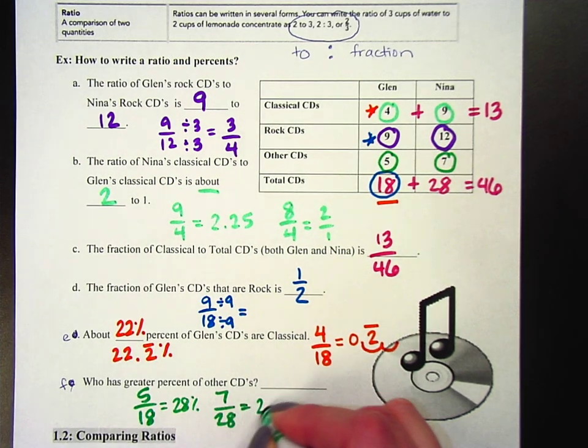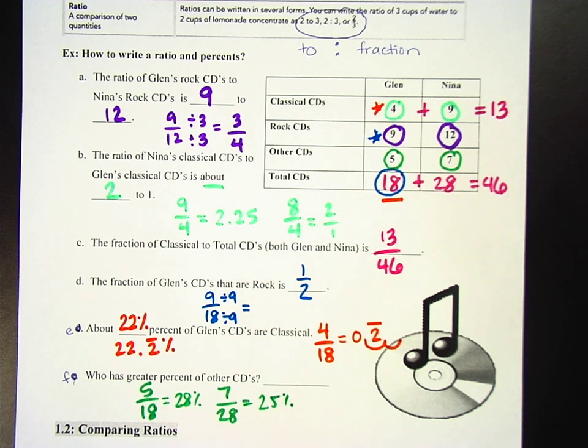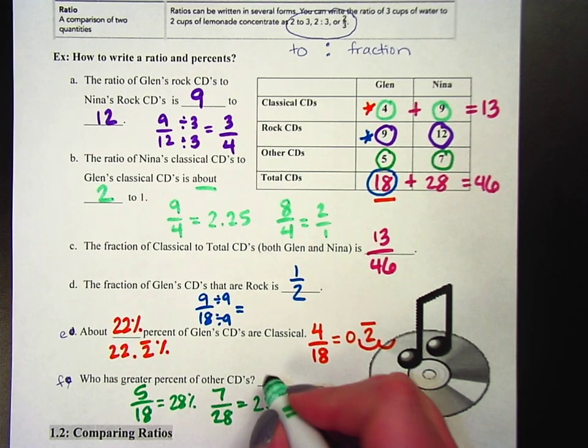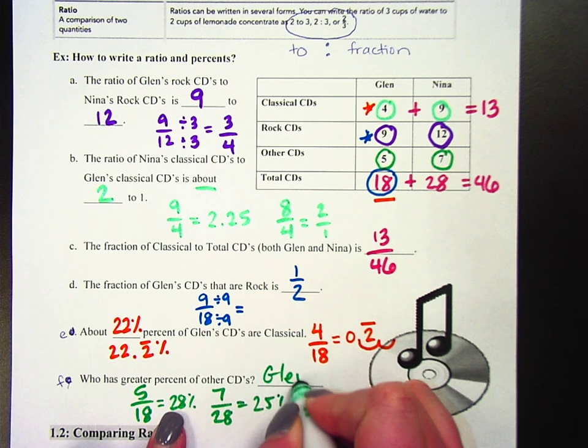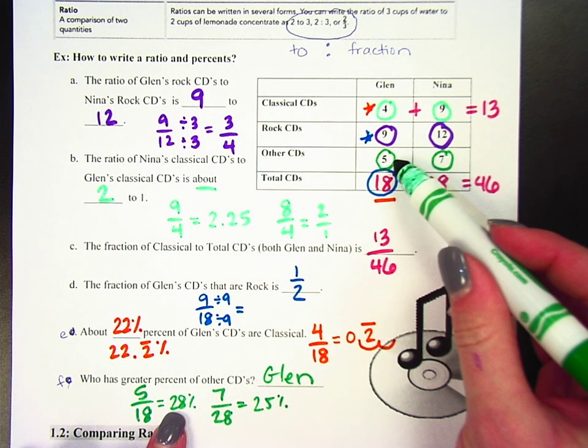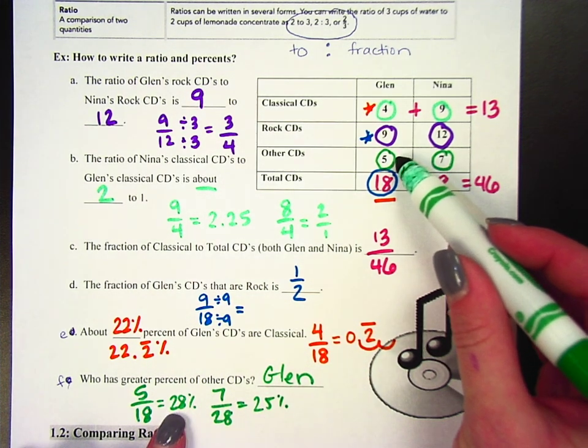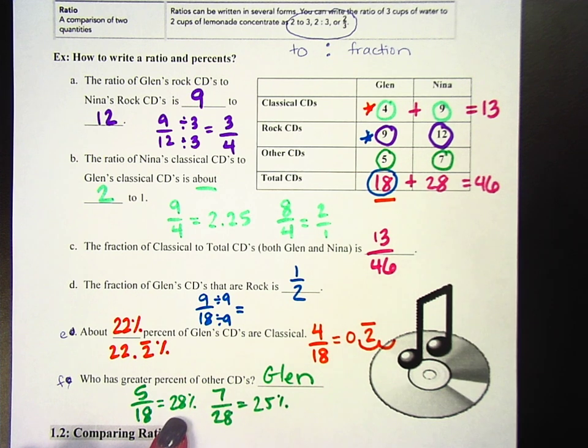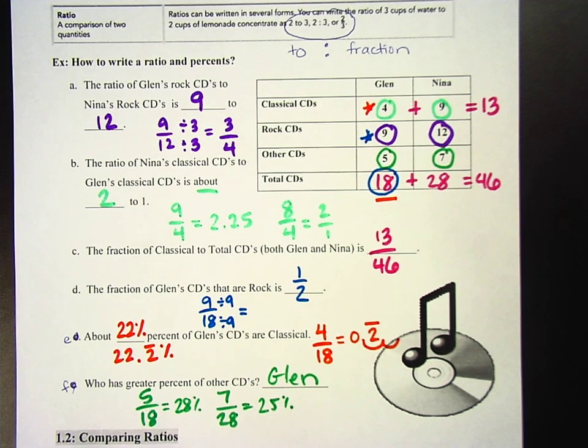So Nina's is 25%. Who was greater was actually Glen. He had a smaller number of other CDs, but he also had a smaller number overall. Of his 18, he had a greater percent that were other.